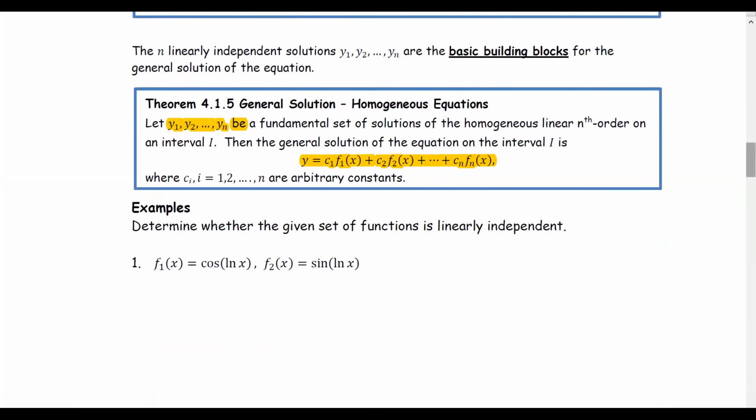Let y1, y2 up until yn be a fundamental set of solutions of the homogeneous linear nth-order differential equation on the interval I. Then the general solution of the equation on the interval I is of the form y equals c1 f1 plus c2 f2 plus all the way to cn fn, where ci, i equals 1, 2, 3 up until n, are arbitrary constants.